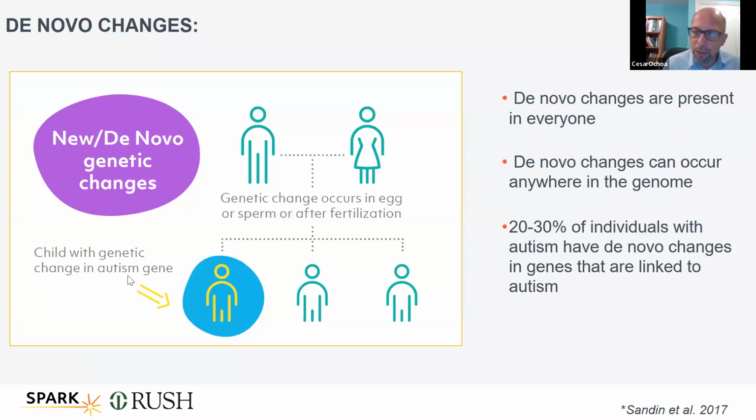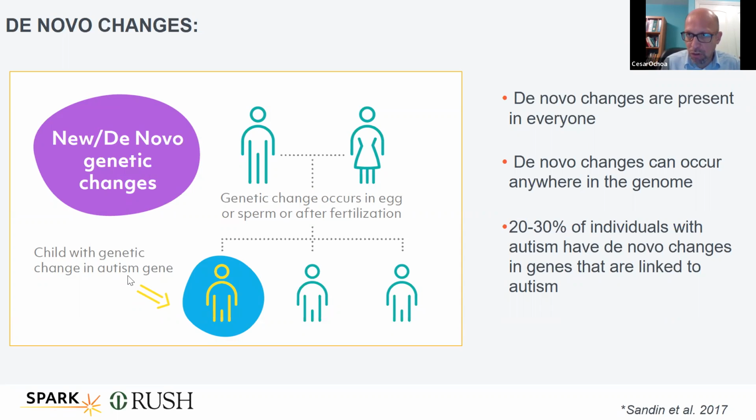An important concept that I think we need to share here is the de novo genetic changes. When we talk about genetics, everybody thinks that if this is genetic, either dad or mom passed the genetic variant to the child. But there are some situations where the genetic variant is not passed by mom or dad.